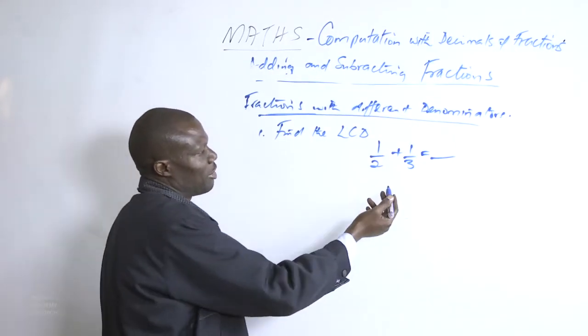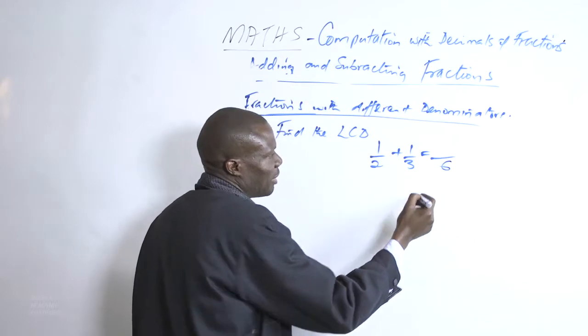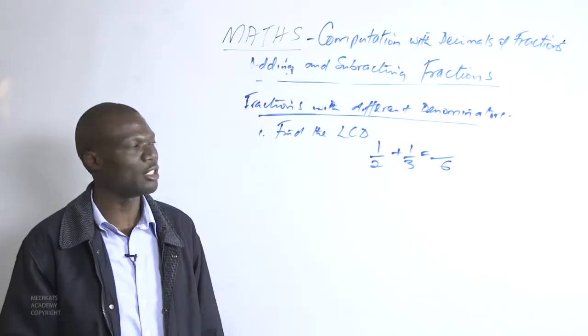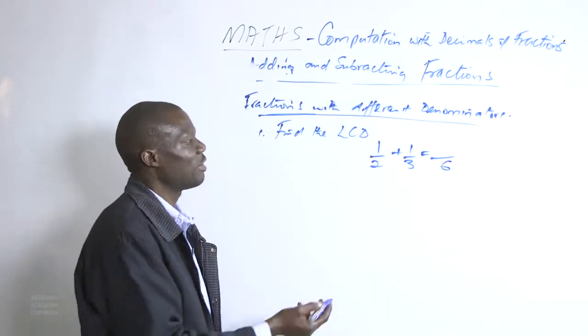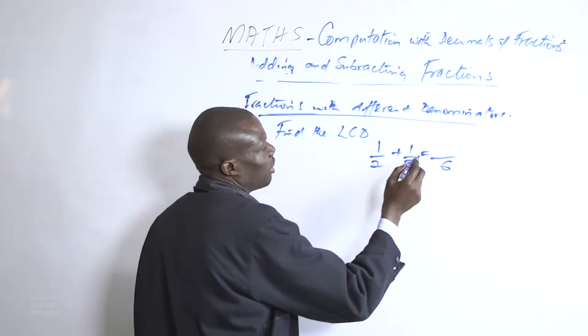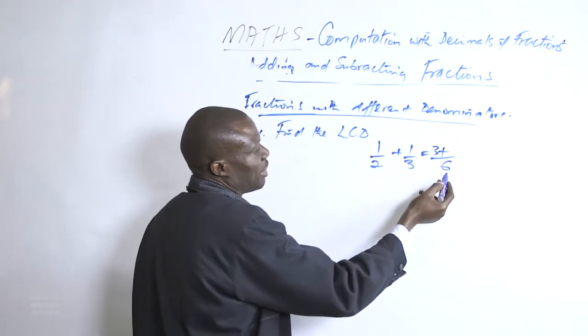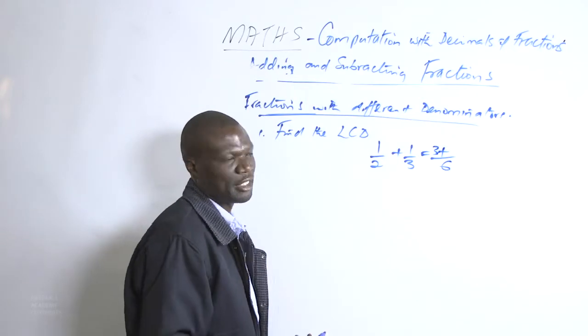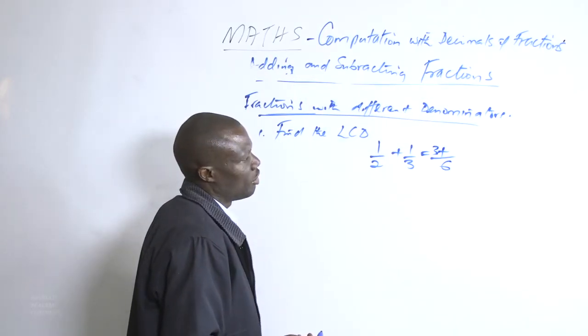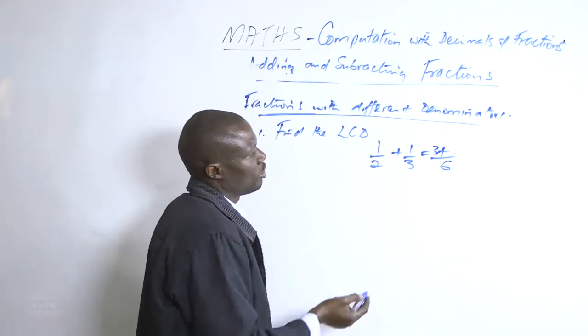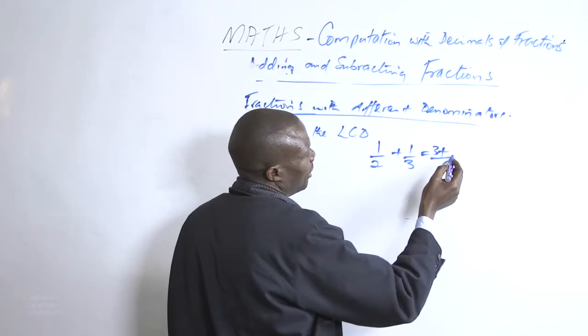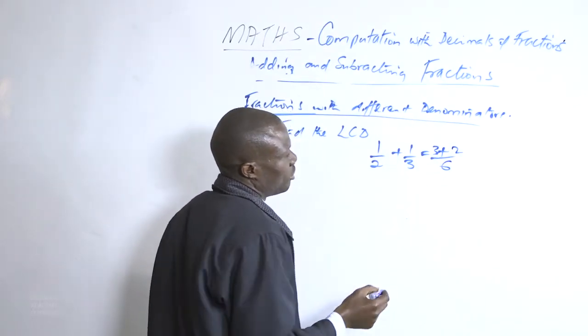And when you multiply the denominators here, it will give us 6 as the least common denominator. 6 divided by 2 is 3. 3 times 1 is 3. Then 6 divided by 3 is 2. 2 times 1 is 2.